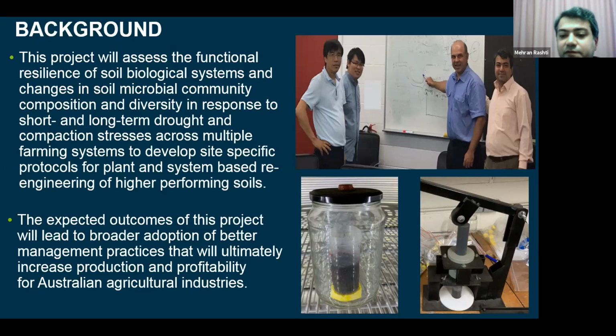We keep them for 1 month or so. We monitor the changes that happen in the physical, chemical, and biological processes of the soil, and we monitor to see how the soil functionality starts to decrease. Then we remove the compaction or remove the stress, and we monitor how the soil is going to regain its functional properties back.